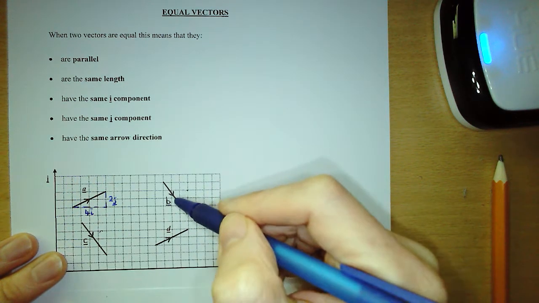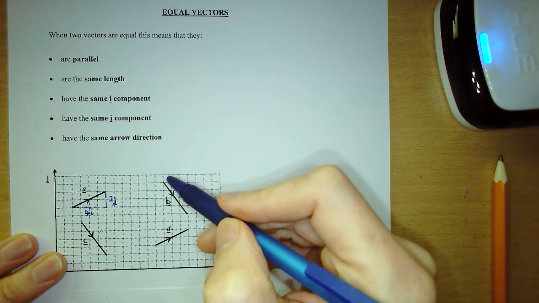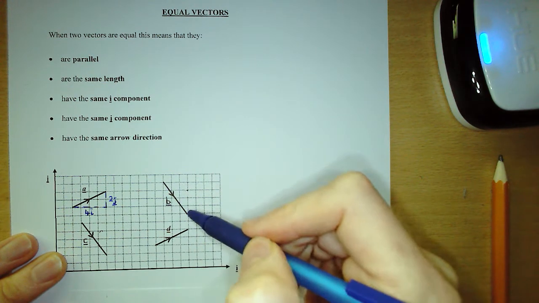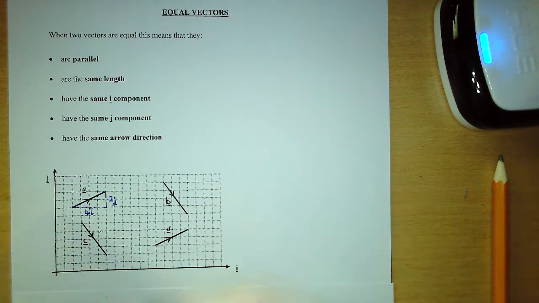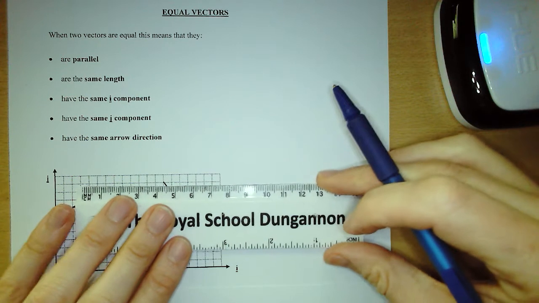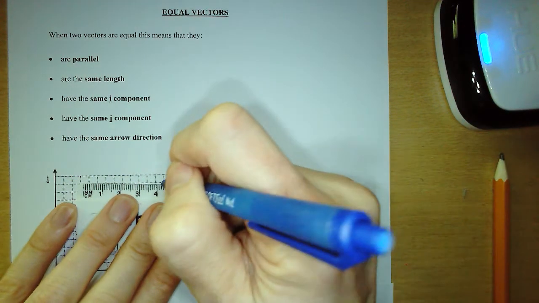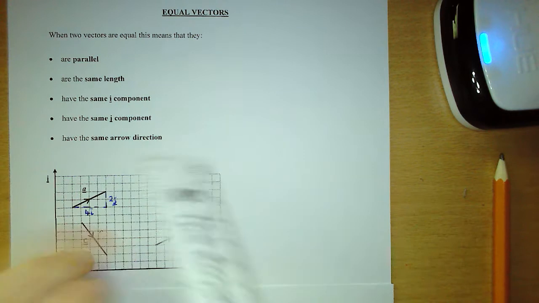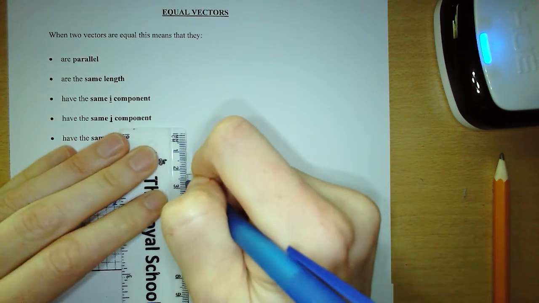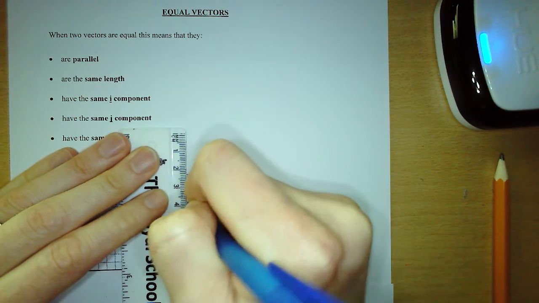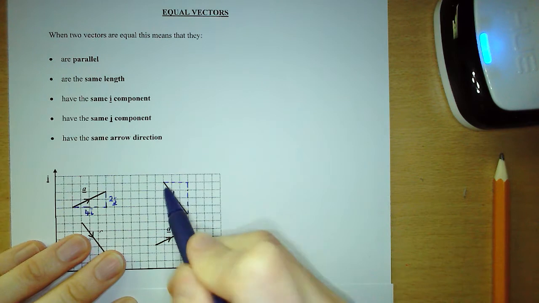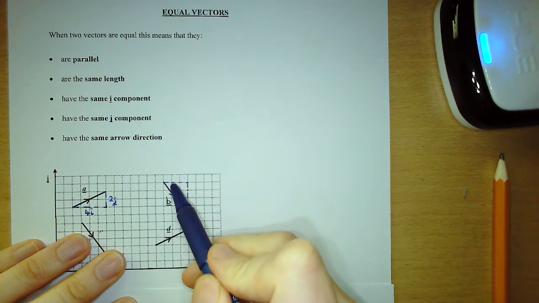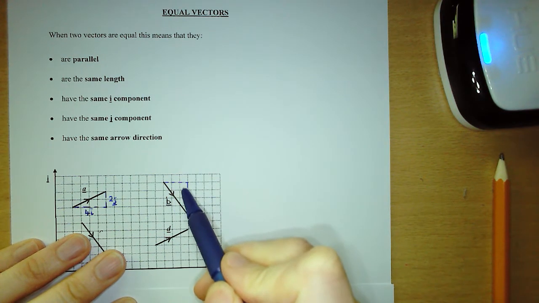Let's do the same for vector B. For vector B, we're going to start at its tail and travel to its nose. So we're going to have to move horizontally first, and then we're going to have to move vertically. The horizontal distance that we move, well, we're moving 3 squares to the right.